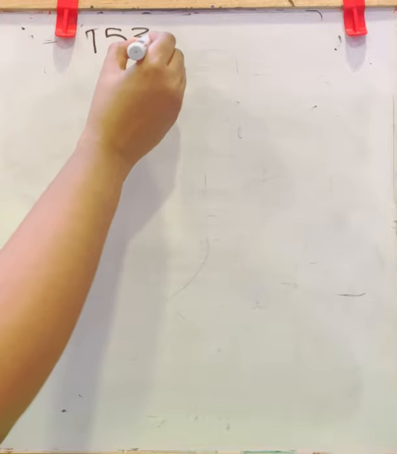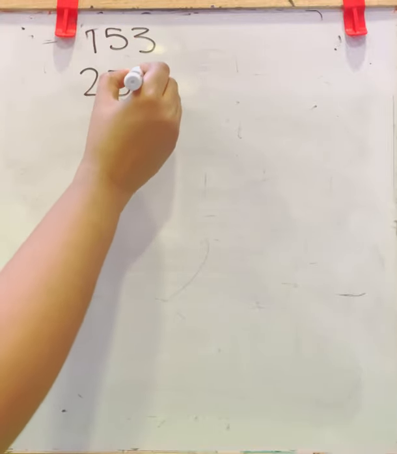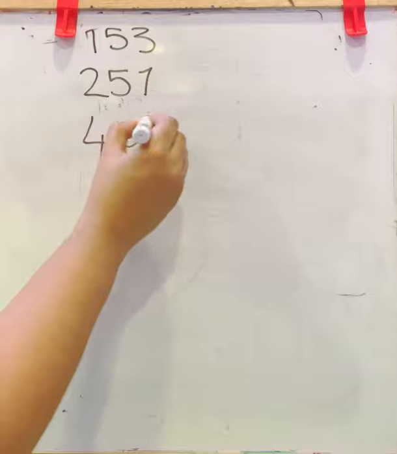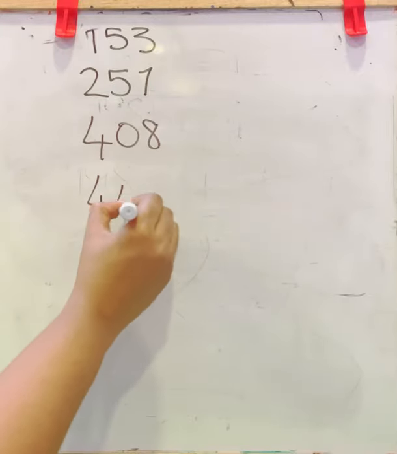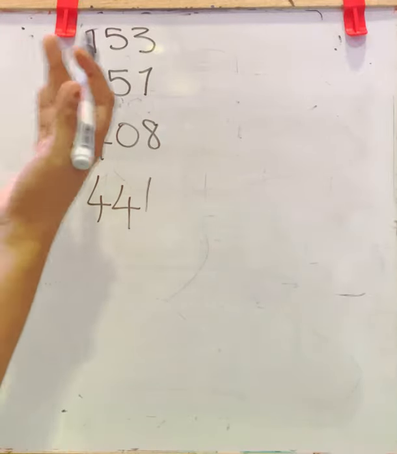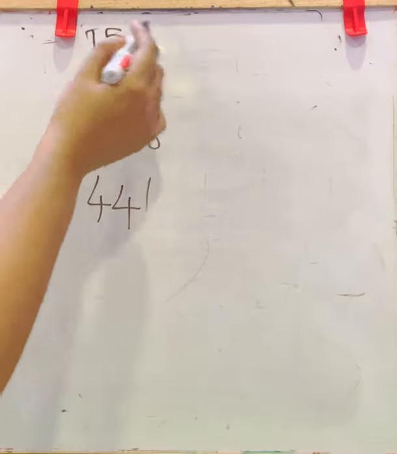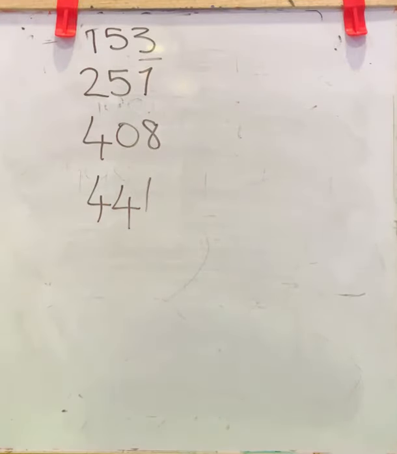Next, without doing any calculation, find the numbers which are surely not perfect squares: 153, 257, 408, 441. You have to say which are square numbers or not. 153: check the units place number. It is 3.